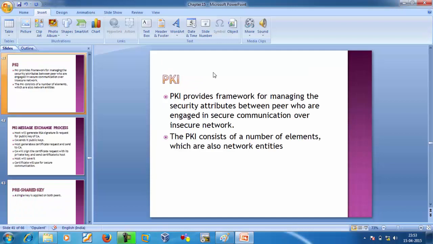Okay, PKI, Public Key Infrastructure, provides a framework for managing the security attributes between two VPN peers who are engaged in secure communications. PKI consists of a number of elements, which are also called network entities.